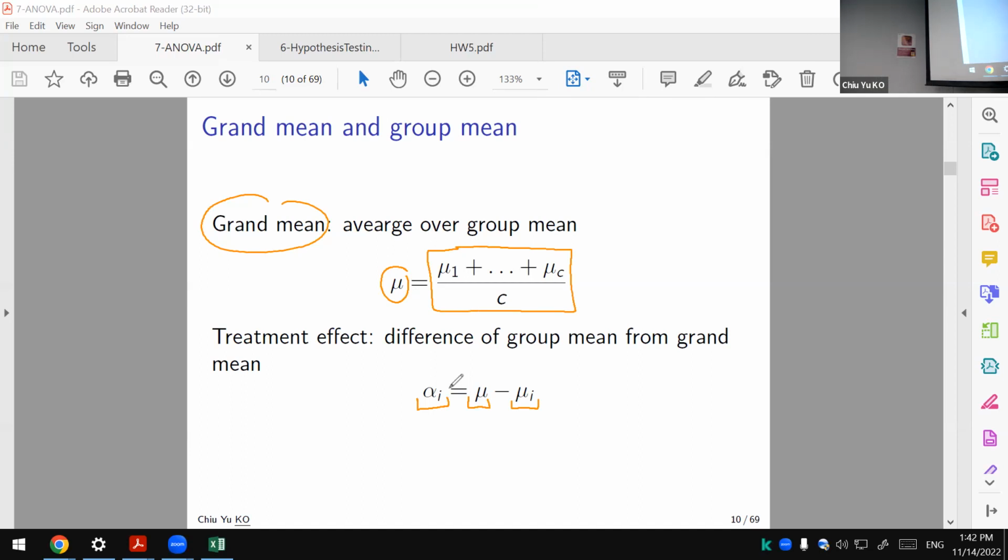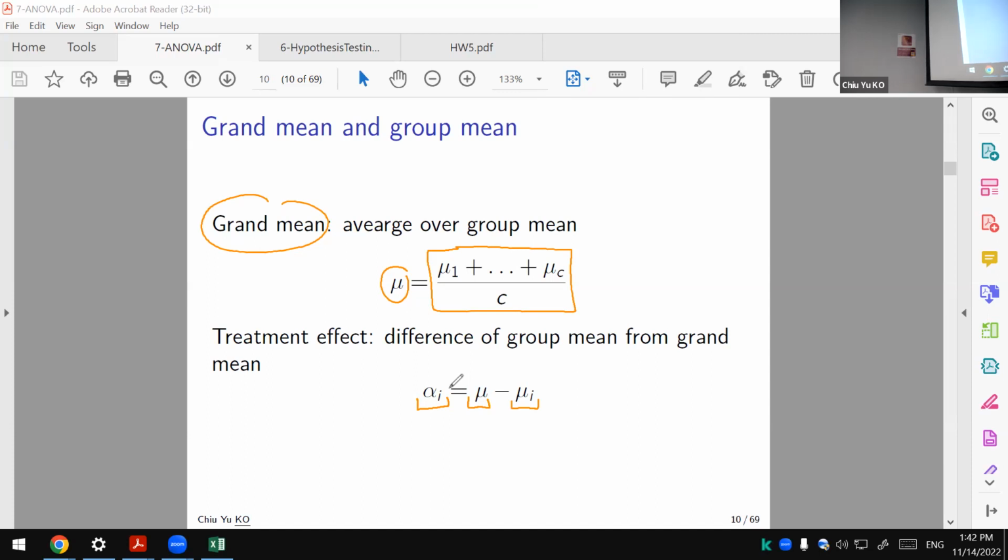Because you want to see, suppose this mu is the average GPA of the whole school, and mu i, where i is the group, is the CC college. You want to see the mean difference between the whole school and the group mean of the CC college.